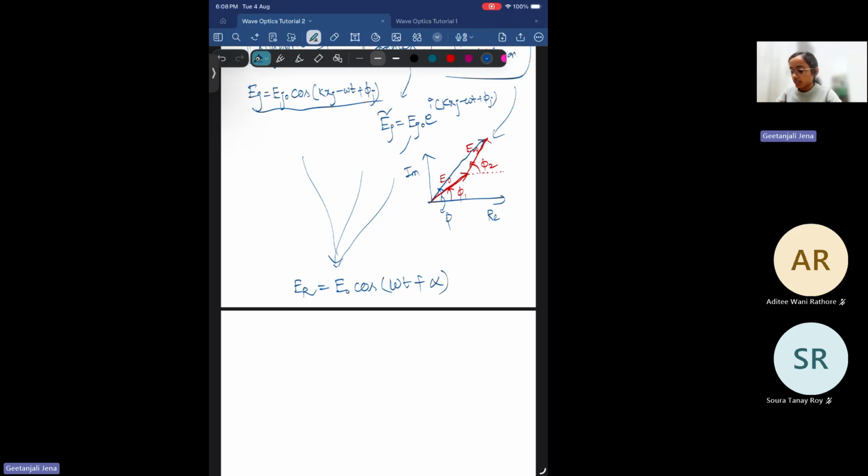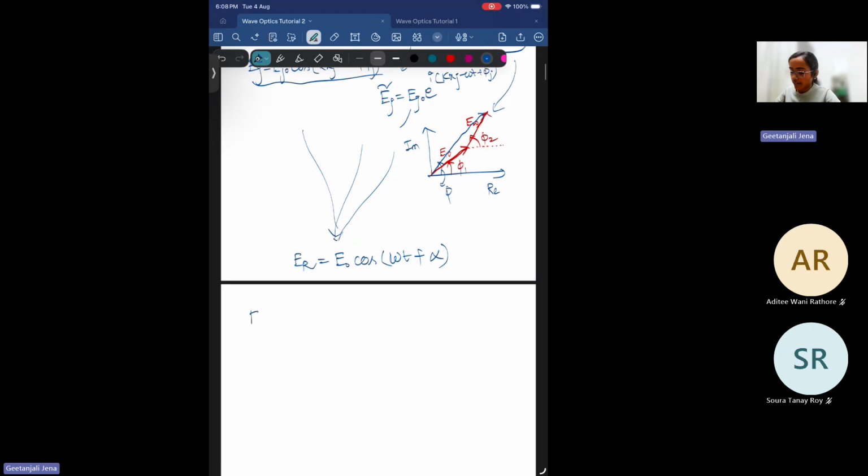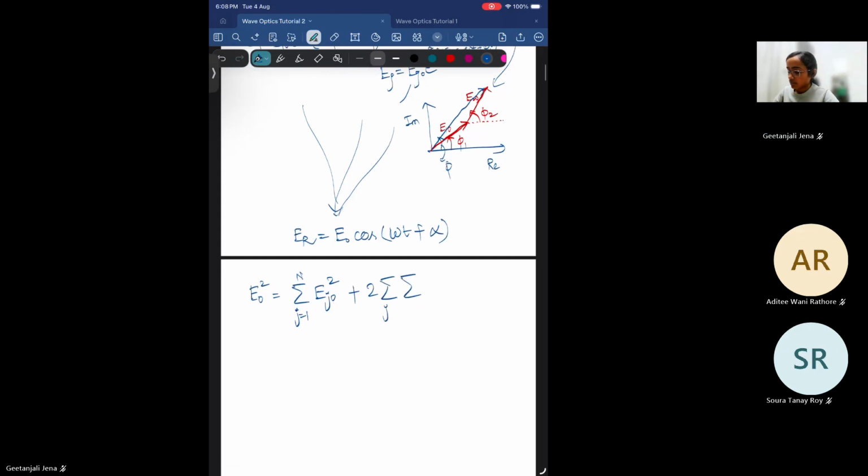For all these methods, we find that E0 squared is the summation of E_j0 squared from j equals 1 to N, where N is the number of independent waves in the system, plus the cross term, which is 2 times the summation over j greater than i from 1 to N of E_j0 E_i0 cos(alpha_j minus alpha_i).